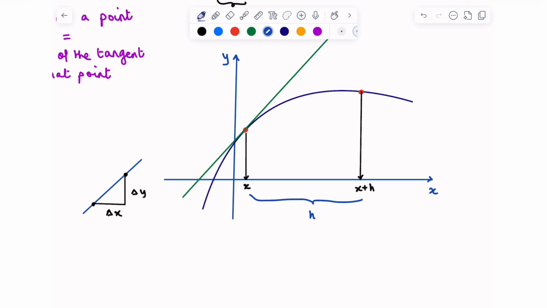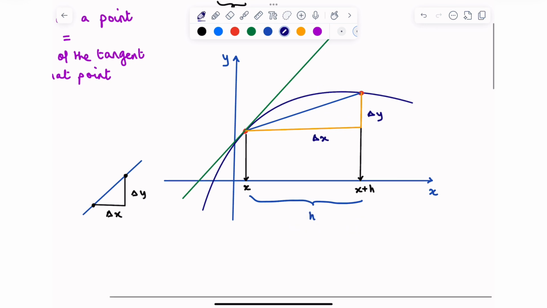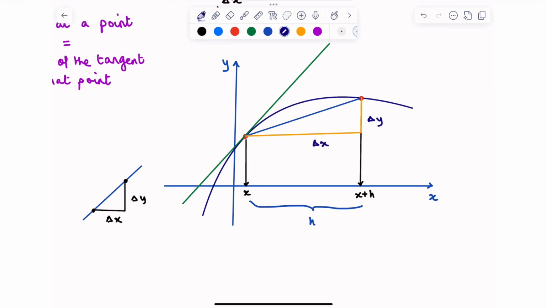So all I'm going to do is connect these 2 points and draw a triangle like this. This is our change in y, that's our change in x. So the gradient at that point, at least an approximation to it, is the change in y over the change in x.